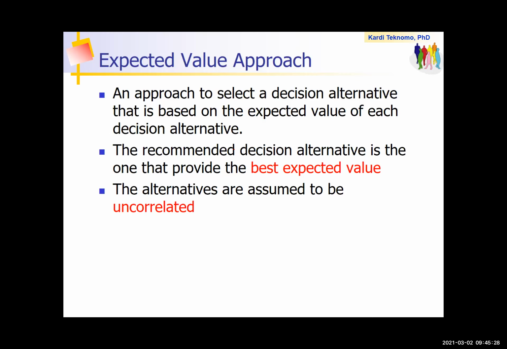This is important, the assumption, you must not make it wrong: the alternatives are uncorrelated. You cannot make a hierarchy between alternatives. For example, you cannot say this is a bus, and then have blue bus and red bus, because then the red bus and blue bus are actually correlated with bus.